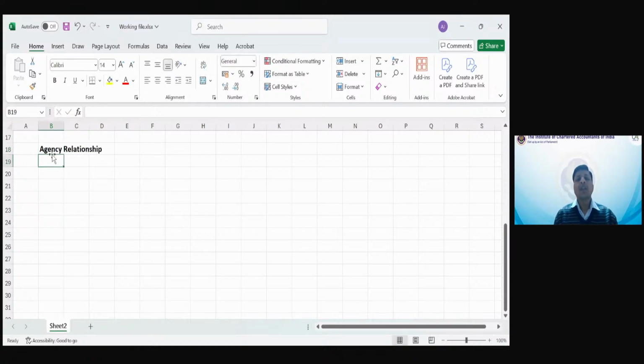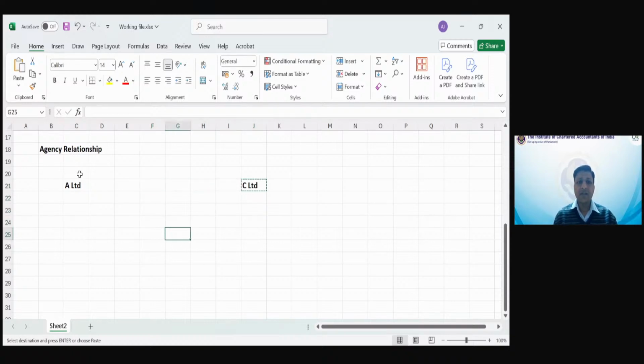Now, we'll try to explain this concept with the help of an example. Let's suppose there are three parties. We have A Limited, then we have C Limited, and we also have B Limited.